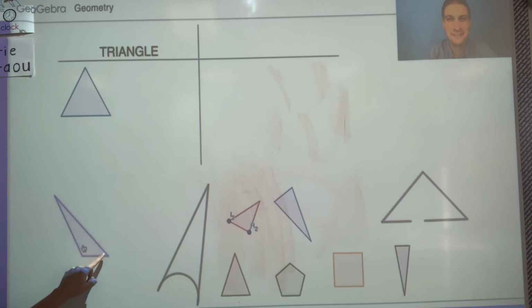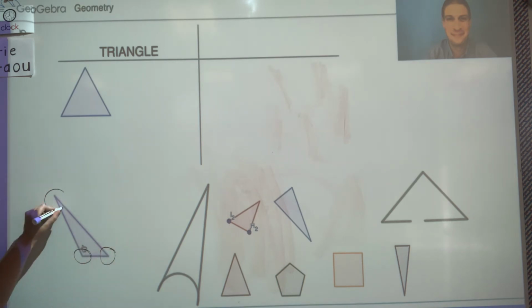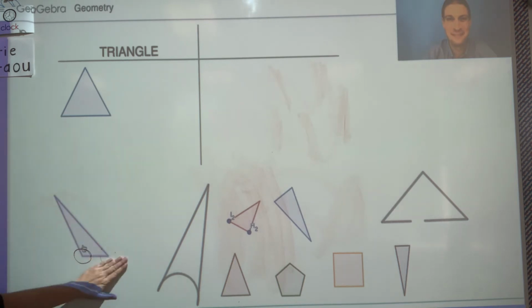No curves, and it has 3 straight sides. It has 3 straight sides, and I like how Mr. Hammer started using the word corner. See these things right here? These are called corners. Corners. How many corners does it have, Estelle? 3. It's got 3 sides and 3 corners.